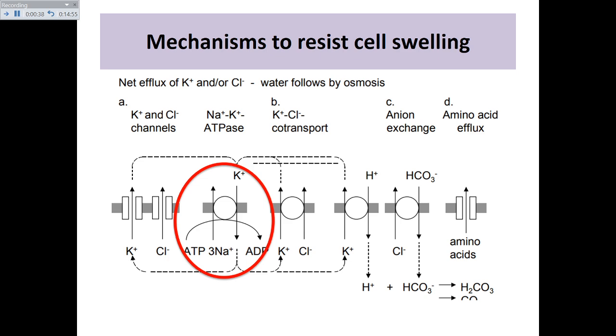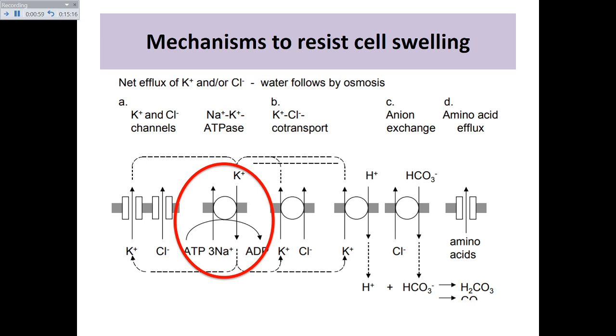So in both mechanisms, the cell benefits from the gradient made by Na-K ATPase: low sodium inside and high potassium inside, for the action of other transporters. Of course, you can see we have several transporters and you do not need to know every one of them, but only know that when the cell swells, the solute should go out in order for water to follow.